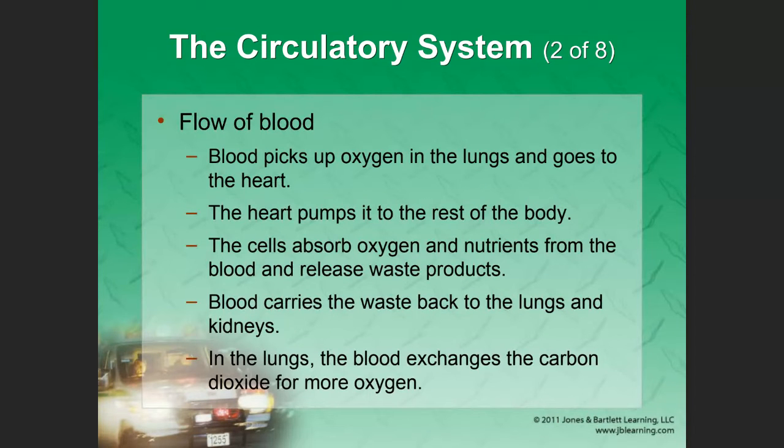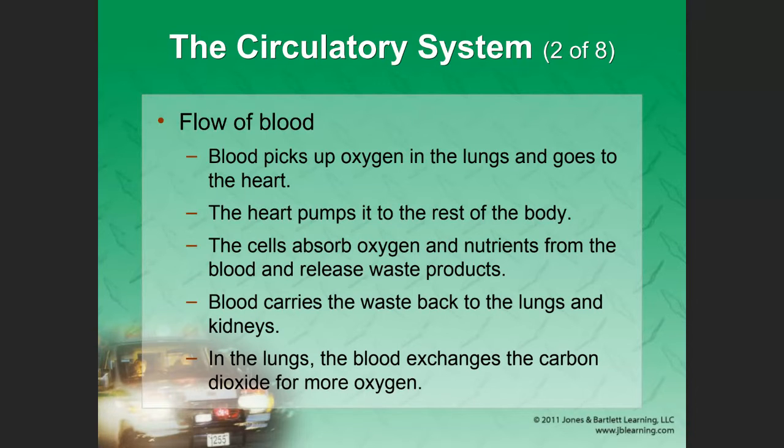Now, the flow of blood. Blood picks up oxygen in the lungs and goes to the heart. So the only place that blood can pick up oxygen is from the lungs. Once the blood is oxygenated, it goes to the heart. Then the heart is going to pump that oxygenated blood to the rest of the body.